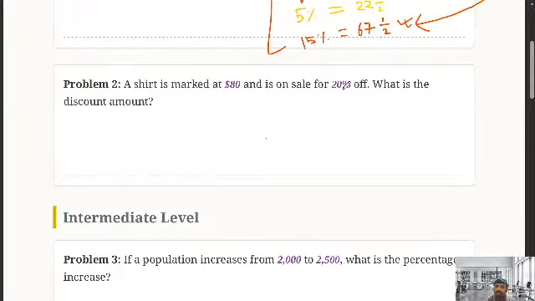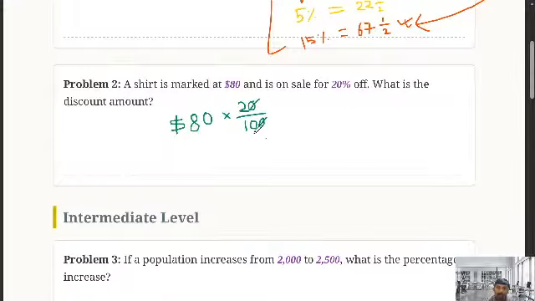So the discount is 20%. What is the discount amount? So the marked price is $80 and the discount given is 20%.